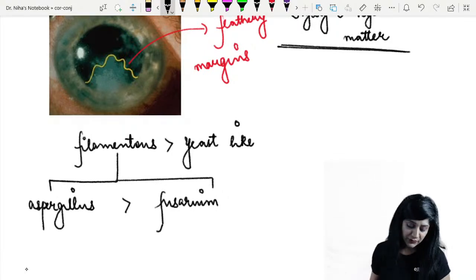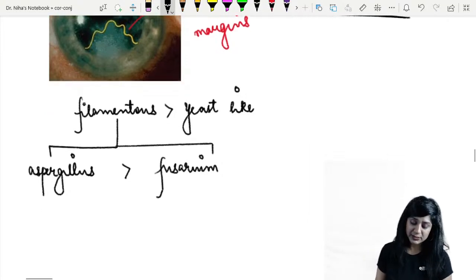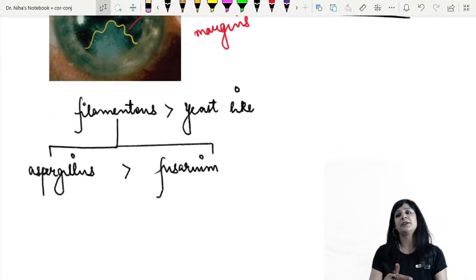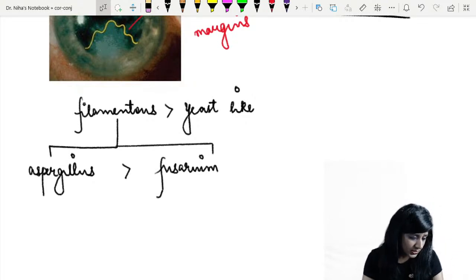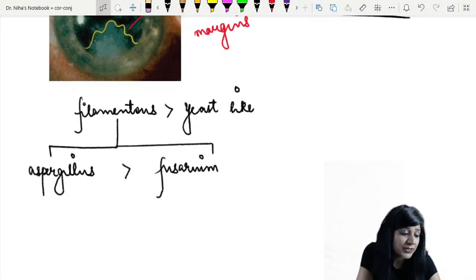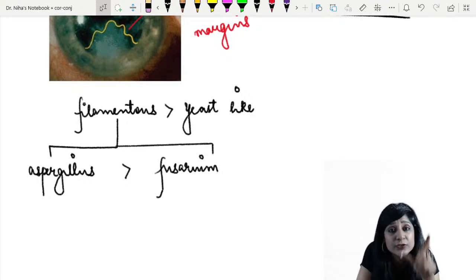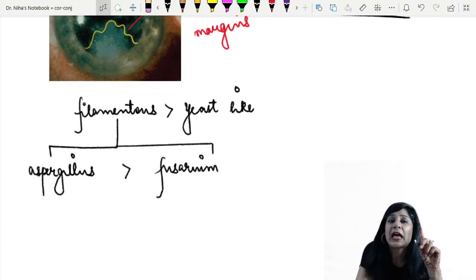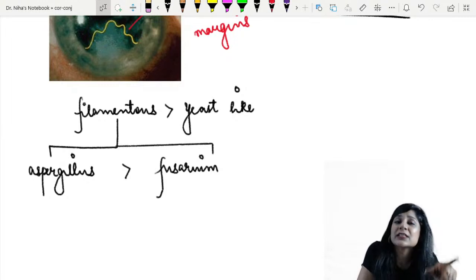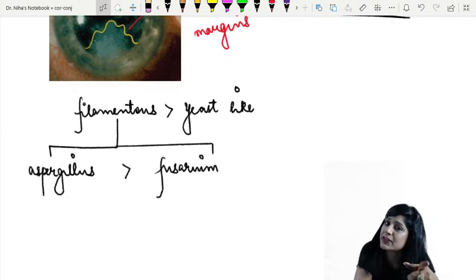So I think fungal corneal ulcer is very clear. Aspergillus is the most common one, sorry. Out of the two, aspergillus is followed by your fusarium, and out of the filamentous and the yeast-like, it is the filamentous which is most common.